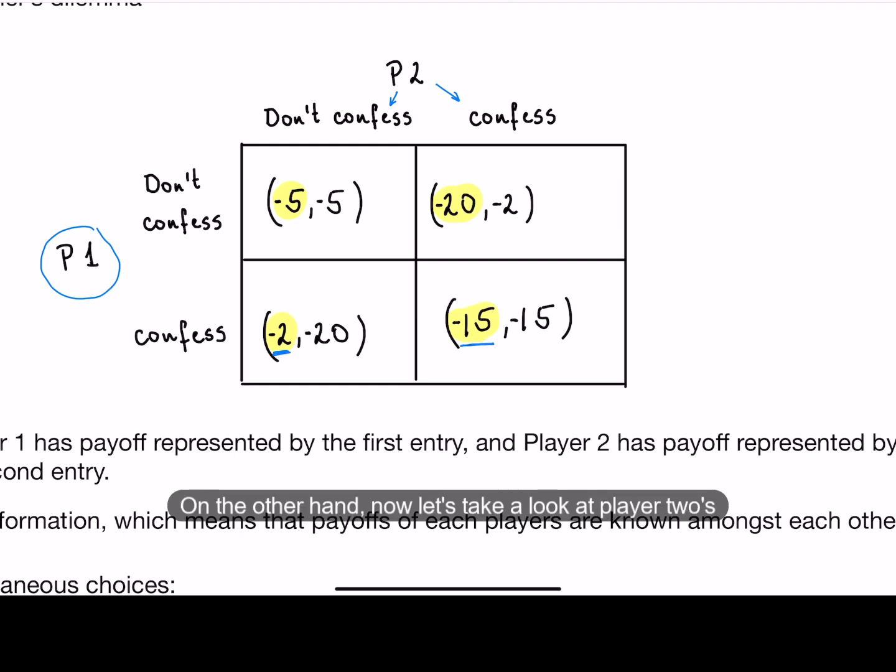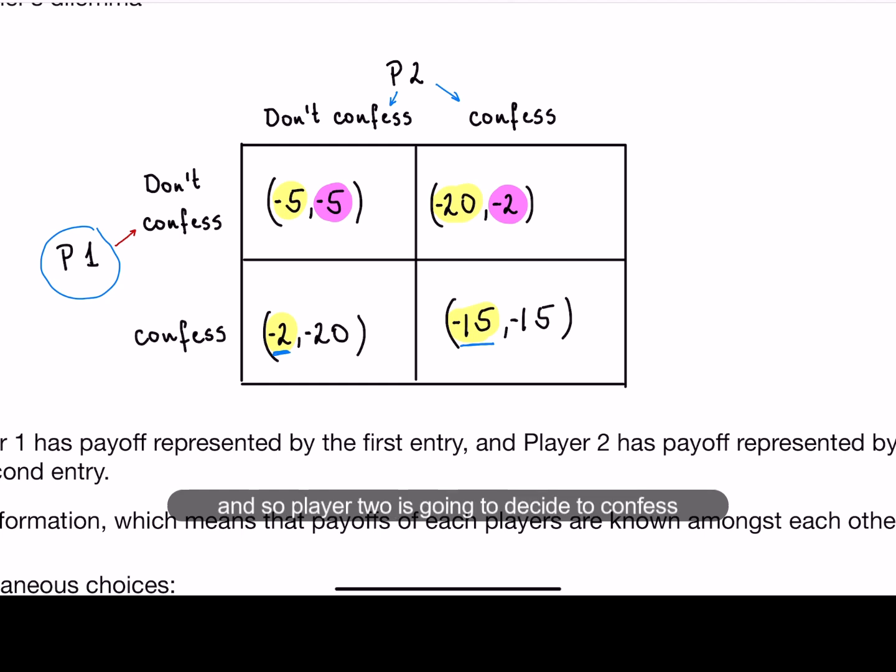On the other hand, now let's take a look at player 2's decision. So player 1 can choose to not confess. So player 2 thinks about it. Okay, so if player 1 chooses not to confess, my options are either to not confess or to confess. Recall that the second entry represents player 2's payoff.